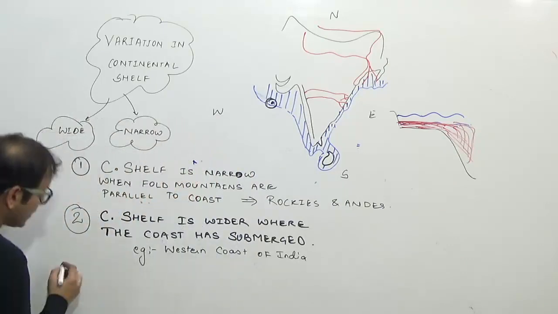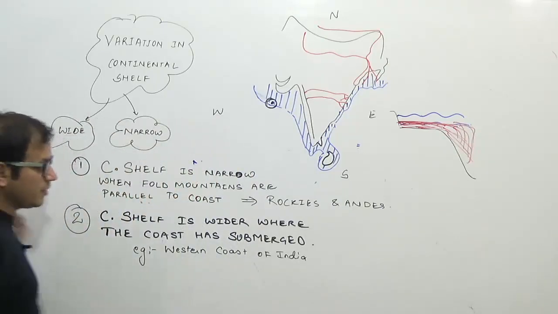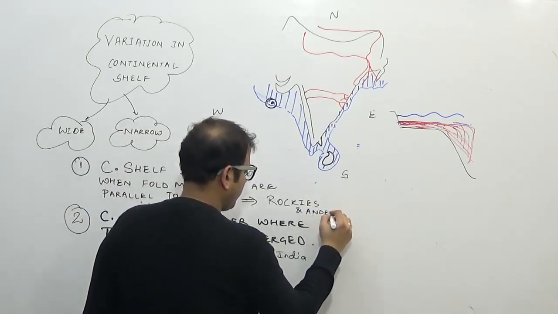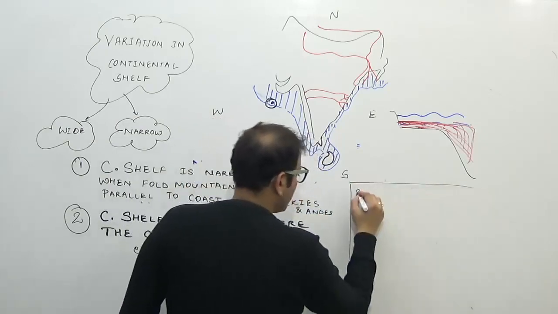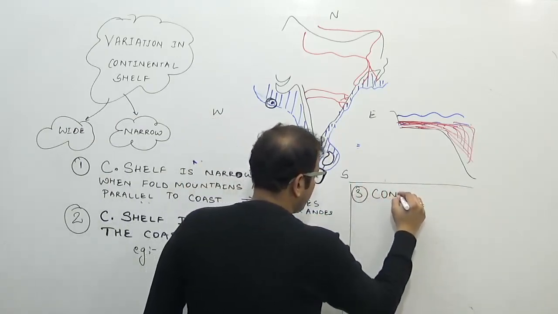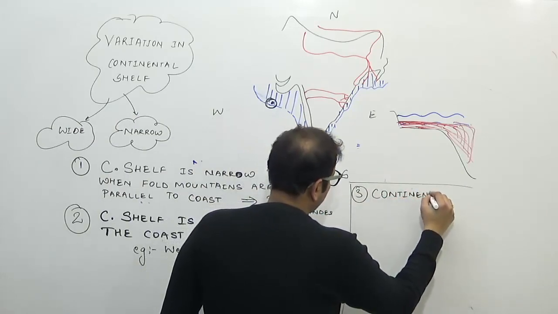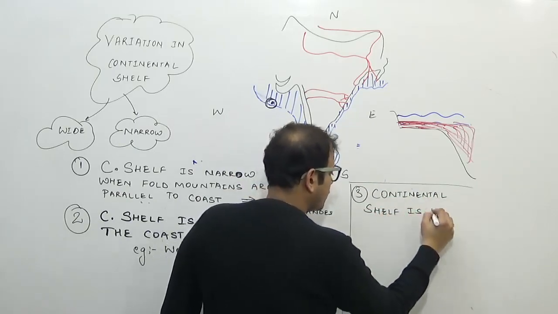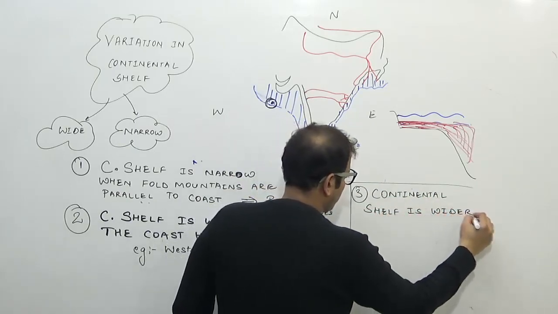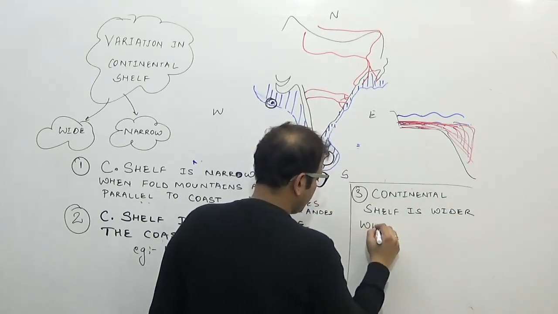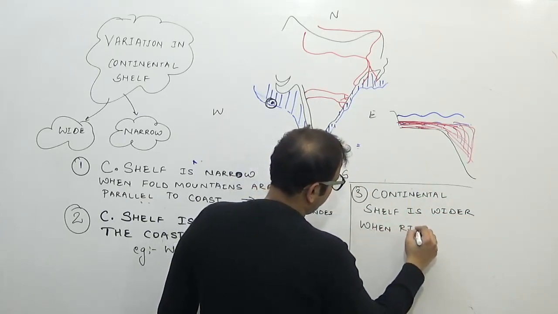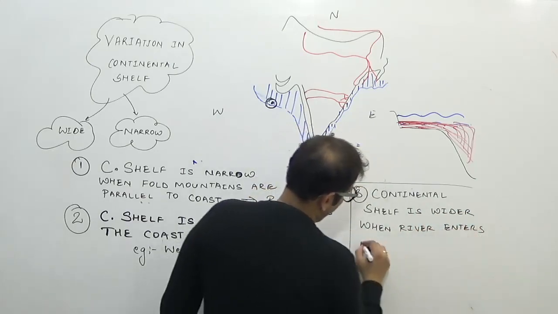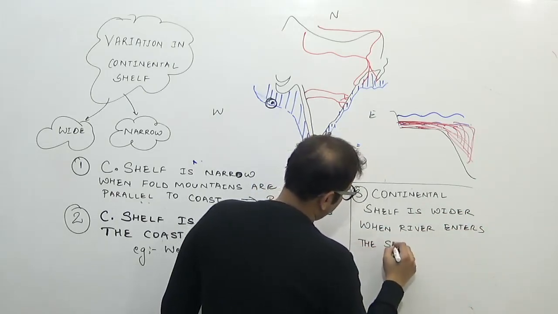That means we can write the third condition here. I will write it here. The third condition is: continental shelf is wider when a river enters the sea.